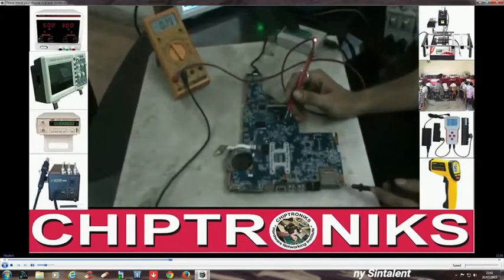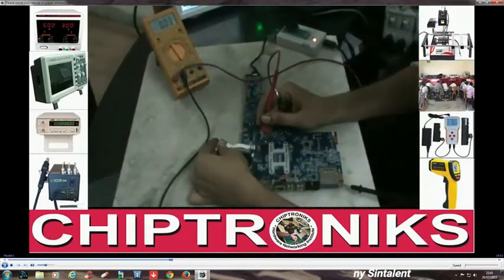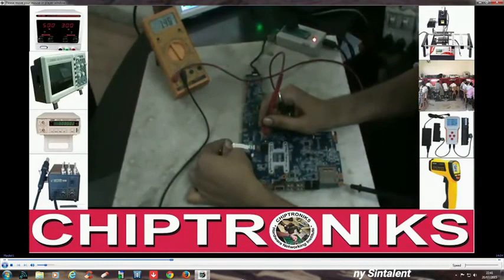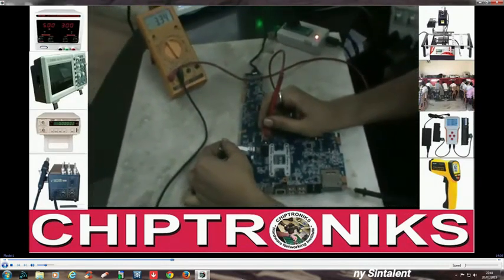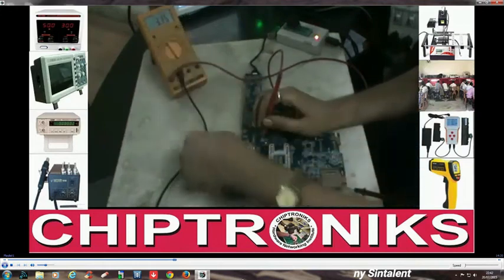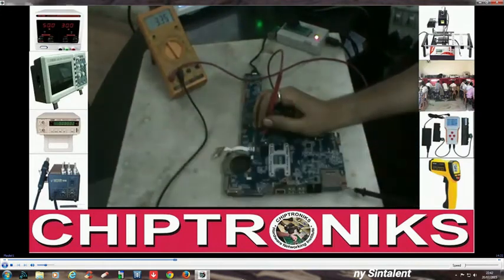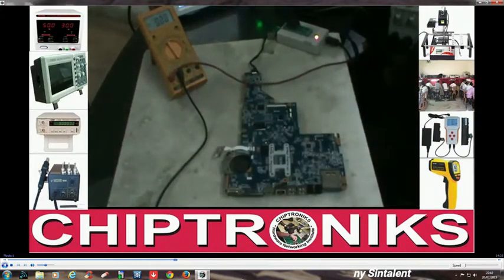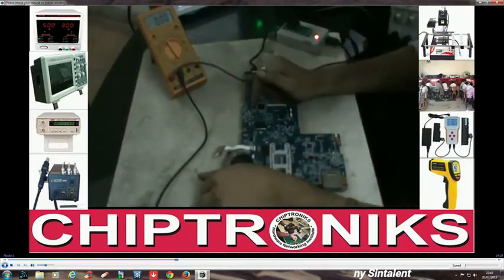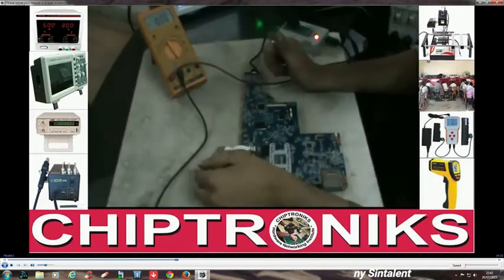I'll show you. I press trigger, it gets the trigger but does not turn on. 0. After trigger, 0 or again 3.3 volts. So here our motherboard is in dead condition, and I measured that the BIOS is not working fine.